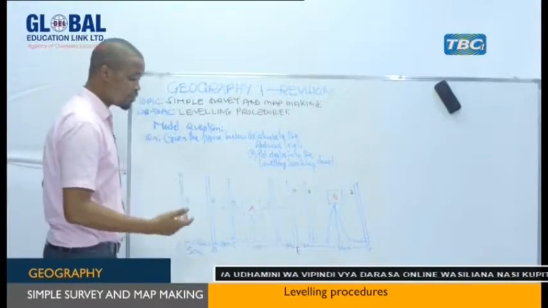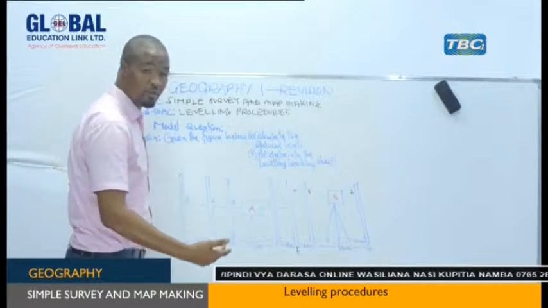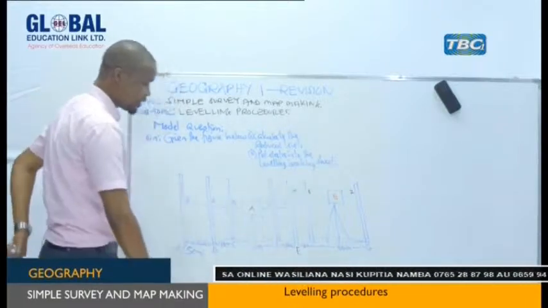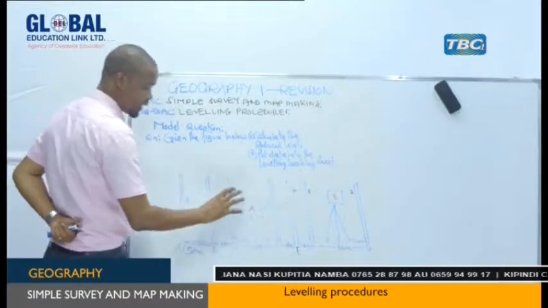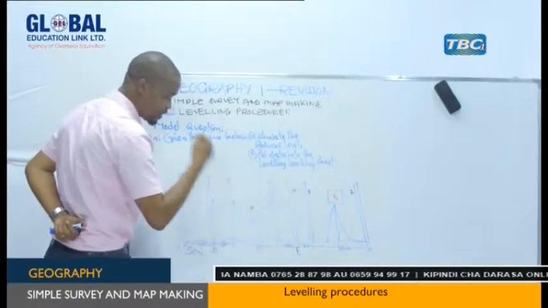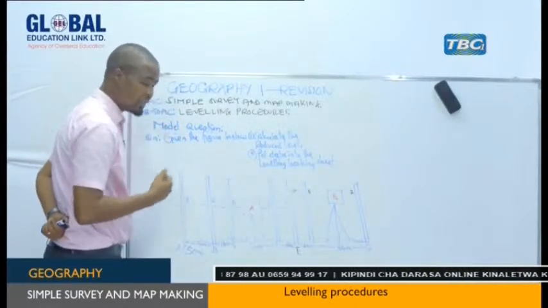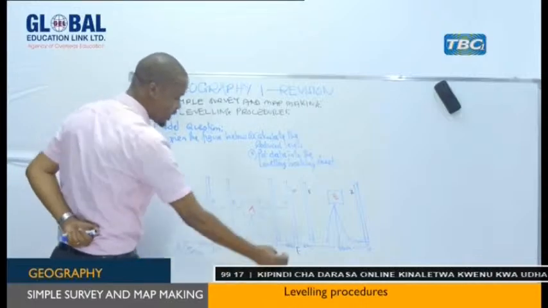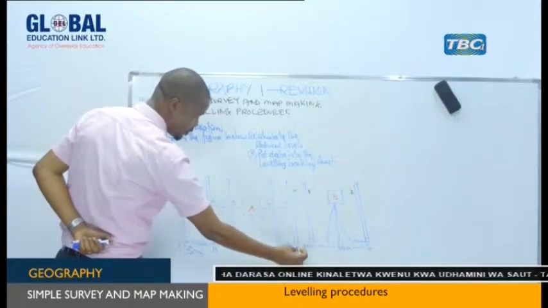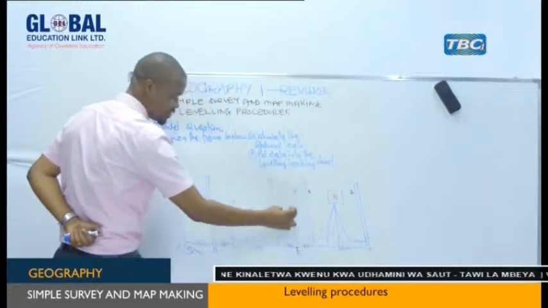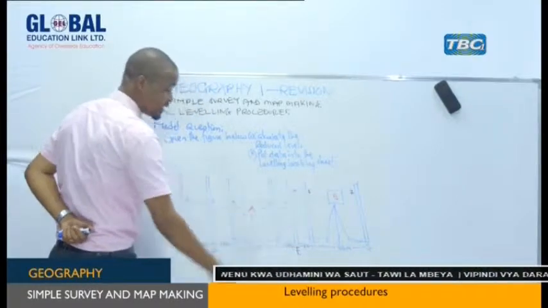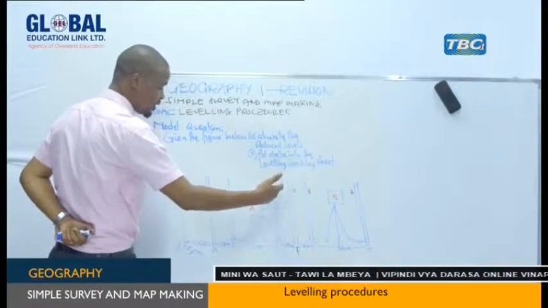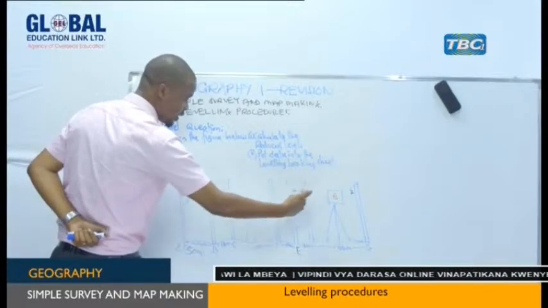Then remember, as I told you earlier, about what we call the changing point. As you can see clearly right here, I know you'll be able to identify what it is, the changing point. As you can see, point E, this point right here, it is the changing point. Why? Because it has the leveling staff which is read by two spirit levels.